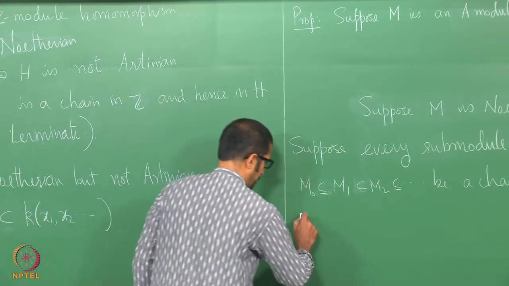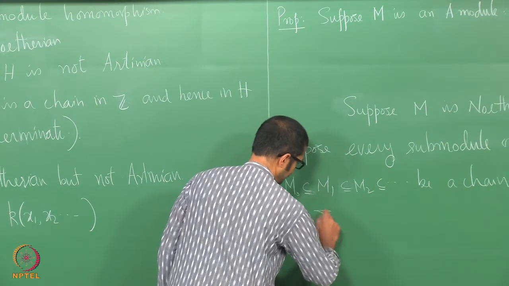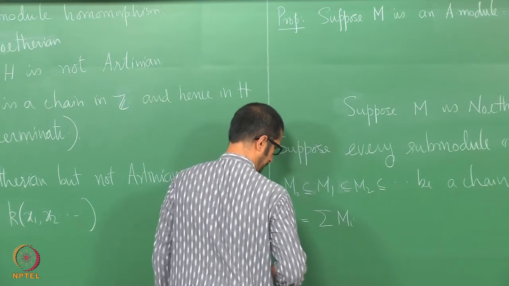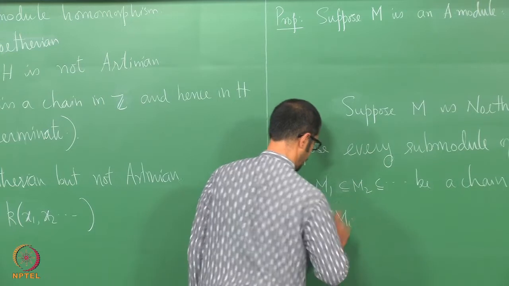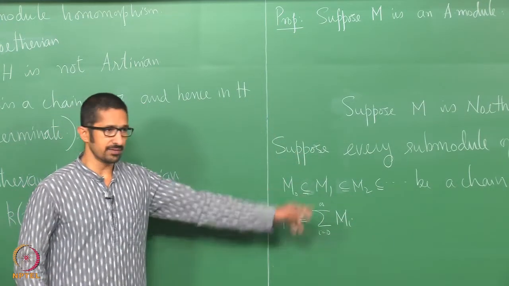So if I take N to be the sum of Mi, i from 0 to infinity, what if I take the union?